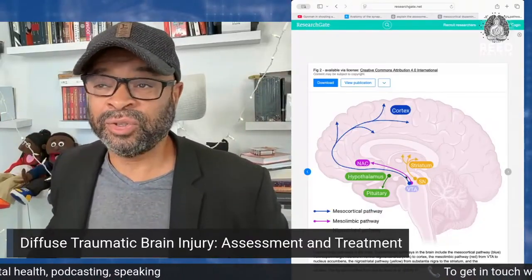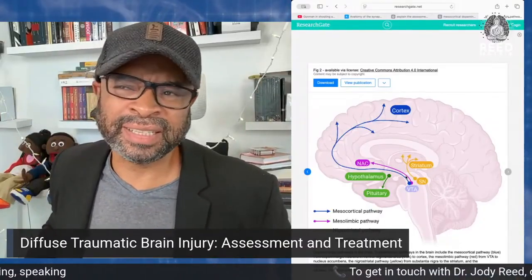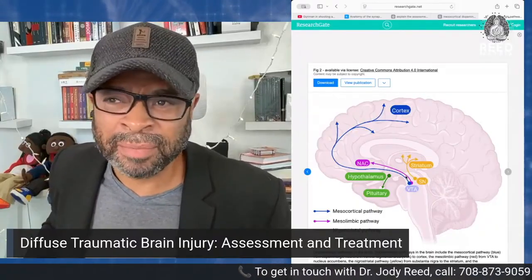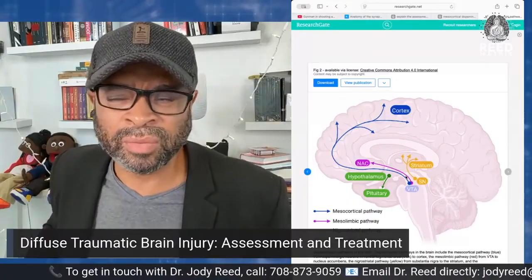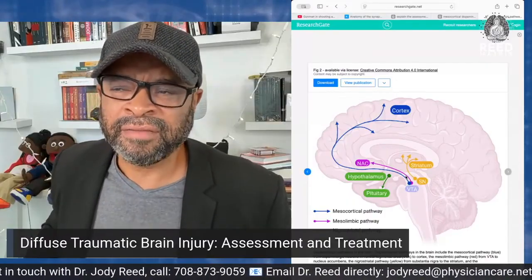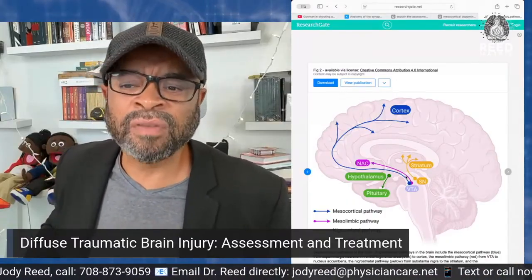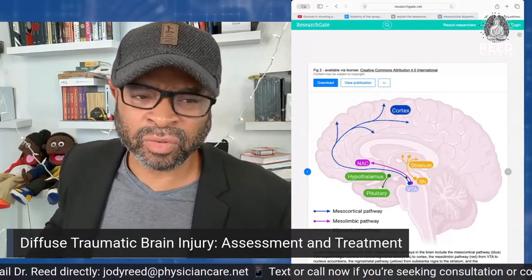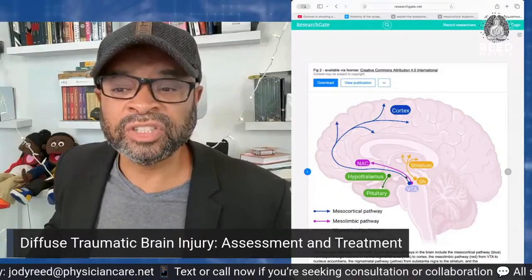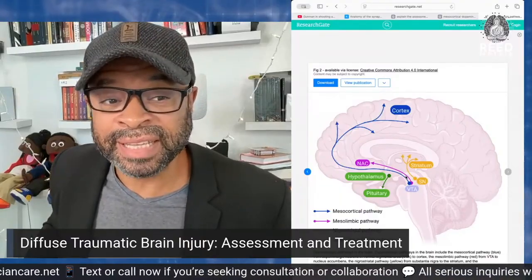So what I do is look at the areas of the brain that are not working well. If the memory is not working well, then we need to work on the hippocampus. If their perception is off, we need to work on this mesocortical pathway. If they seem withdrawn, hypoactive, with no interest or motivation, we need to pump up the mesolimbic pathway.